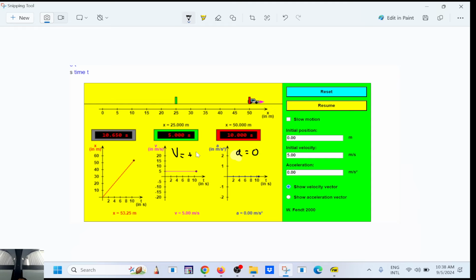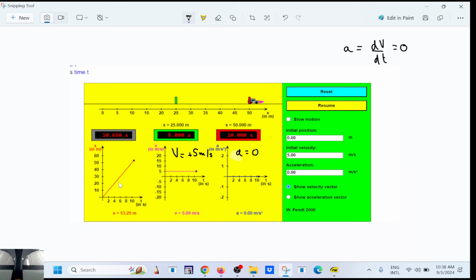The velocity is plus 5 meters per second, right? So the slope here is 0. Okay, so the value is constant, the slope is 0. And remember, the acceleration is the derivative of the velocity. If you take the derivative of a constant, you're going to get 0.